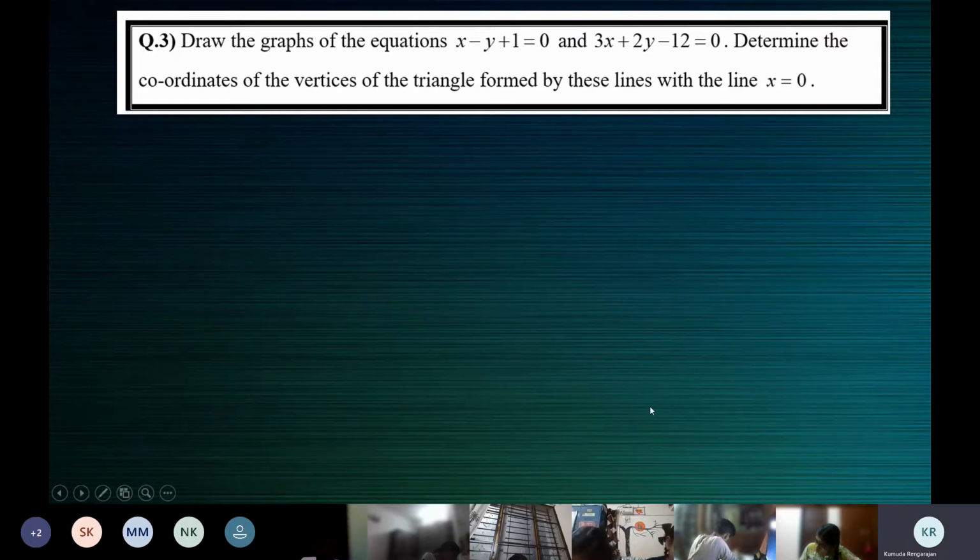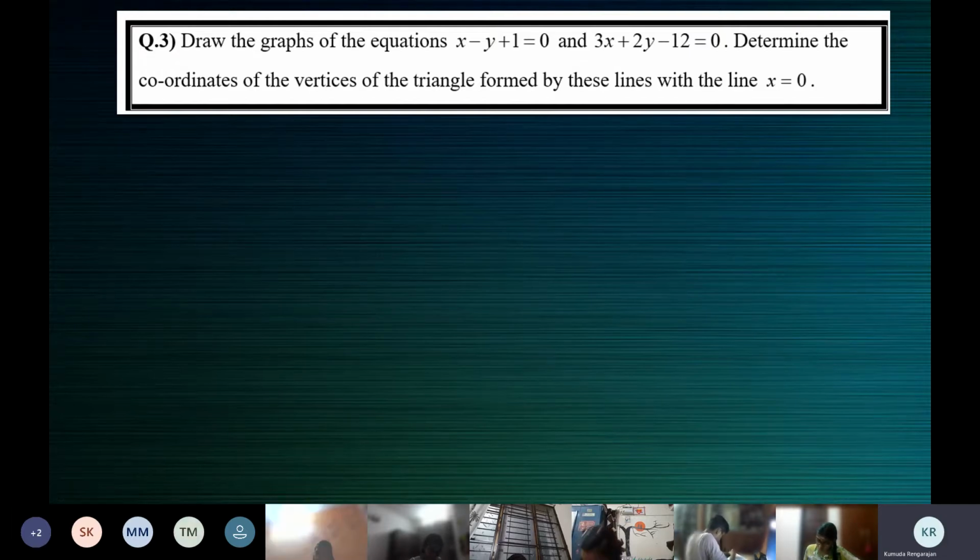I've just received from Ananya and it looks right. I need to see the graph to actually make out if you're completely right, Ananya. Please wait.